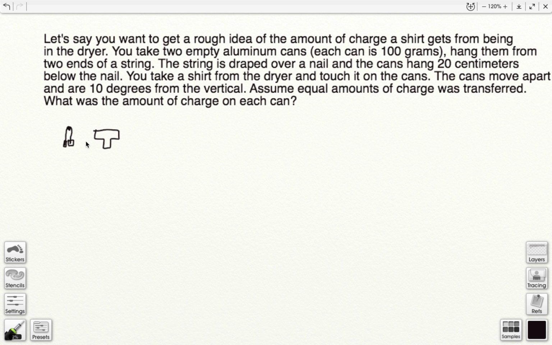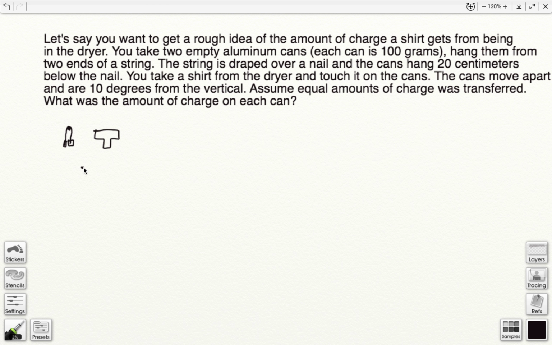The cans are aluminum, so there's direct transfer of charge from the t-shirt to the cans. Now, each can gets the same type of charge. Let's say they both have a negative charge. Because they both have like charges, the two cans will repel.